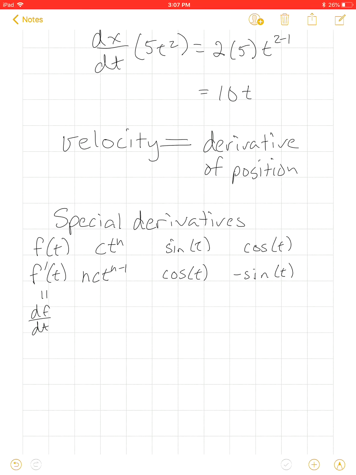Okay, I'm going to continue my table down here because I ran out of room on that other line. The derivative of the tangent of t would be the secant squared of t. The derivative of the exponential of t, well, that just ends up being the exponential of t.